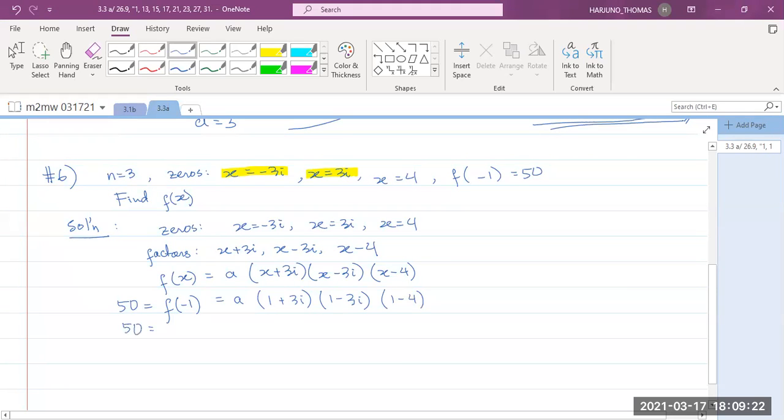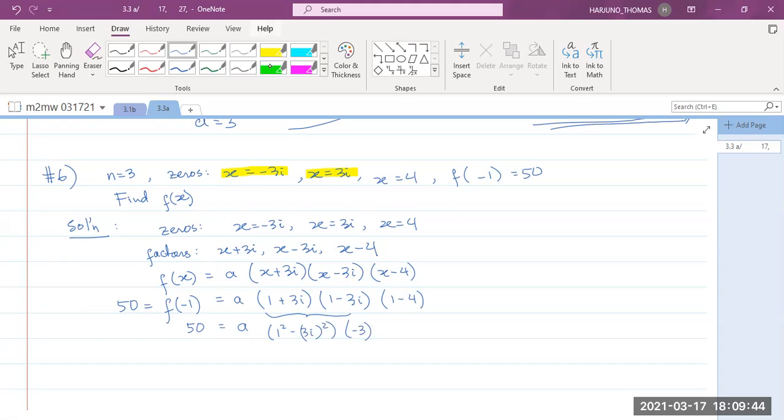So 50 is equal to A times, let me compute this, 1 squared minus (3i) squared times (1 minus 4), which is negative 3.